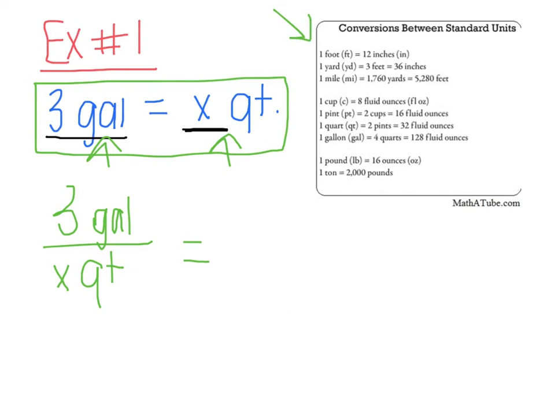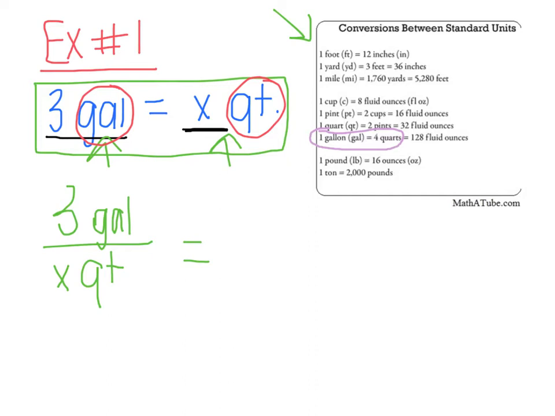Now, I have to decide which one I want to use. Well, I know I'm comparing gallons and quarts. So I need to look for something in the chart that compares gallons and quarts. And I can see right here that 1 gallon equals 4 quarts. QT stands for quart.